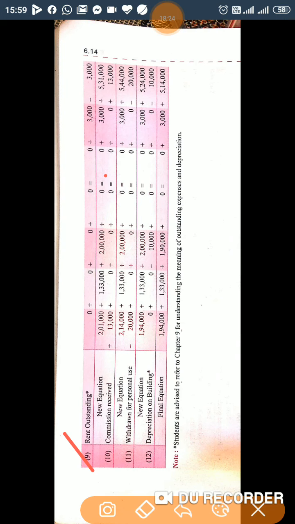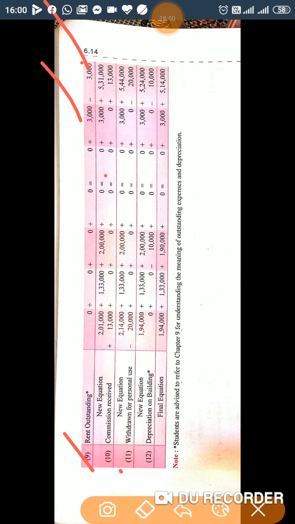Just below the outstanding expenses, we will write 3,000, and this expense should be deducted from the capital, 3,000. So new equation is 2,01,000 cash, 1,33,000 stock, 2 lakh building, debtor nil, creditor nil, outstanding expenses 3,000, and capital balance is now 5,31,000.